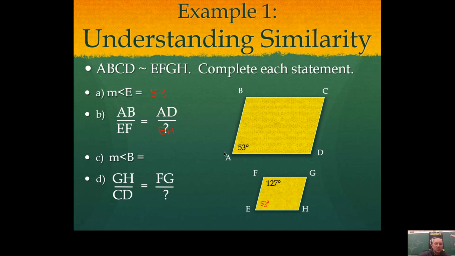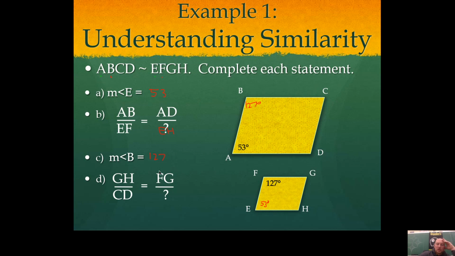So here's what this means. This ratio, whatever this happens to be, big to little, has to equal this ratio, big to little. Part C asks for the measure of angle B. We know that angle B is congruent to angle F, and angle F is 127 degrees. So that's the measure of angle B, 127.